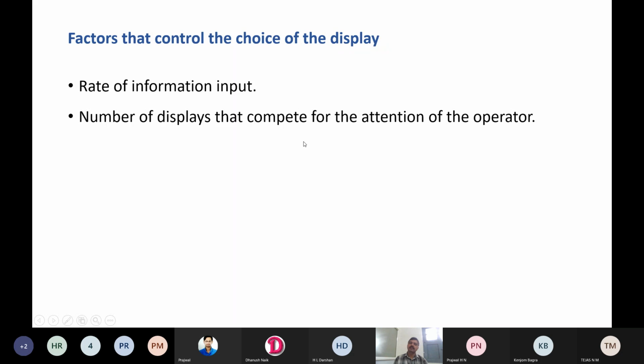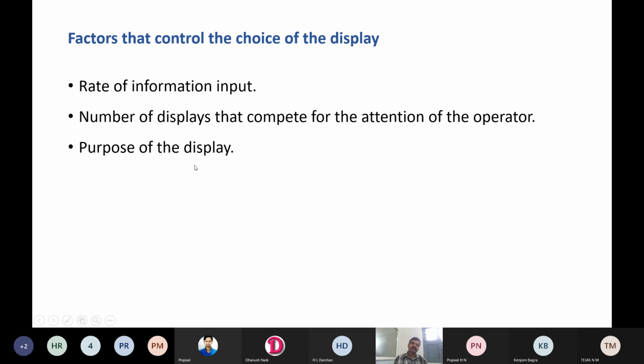If you look at how an aeroplane is operated by the pilot, it is difficult. A designer should pay more attention towards designing the human machine interface, then the purpose of the display.